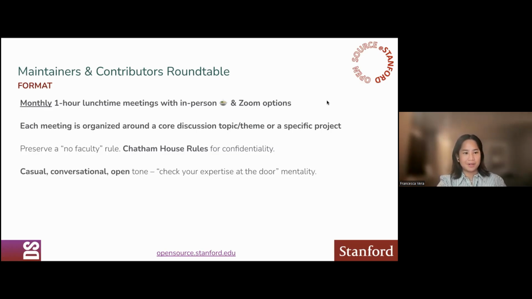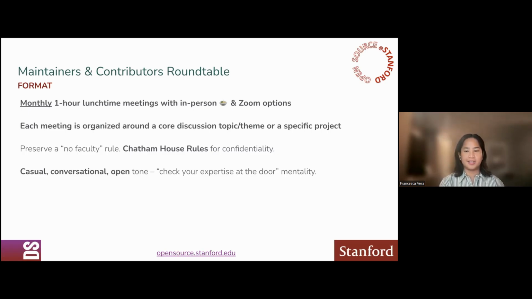We maintain a pretty casual and conversational tone, and we find that encouraging our members to adopt a check your expertise at the door mentality has fostered a very productive learning environment.